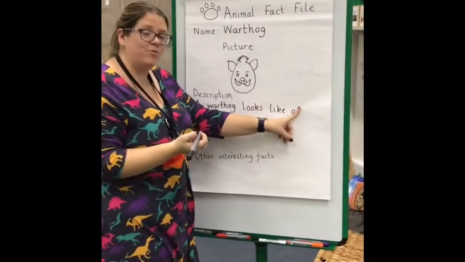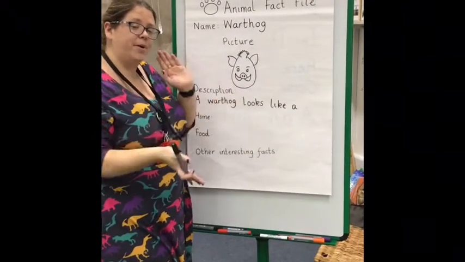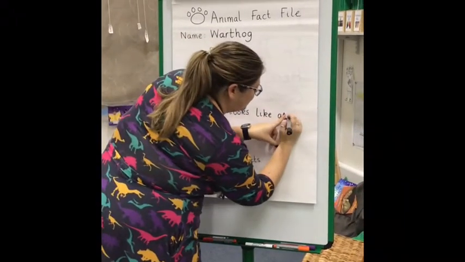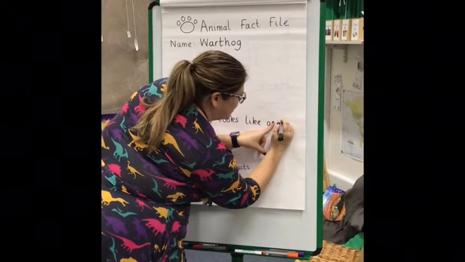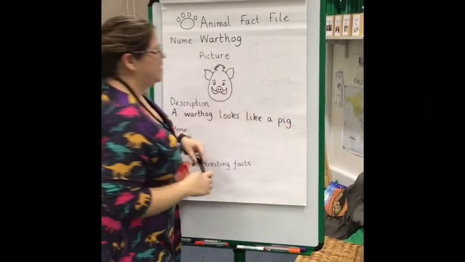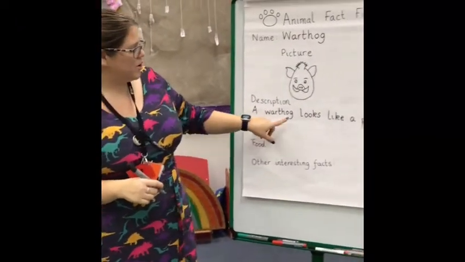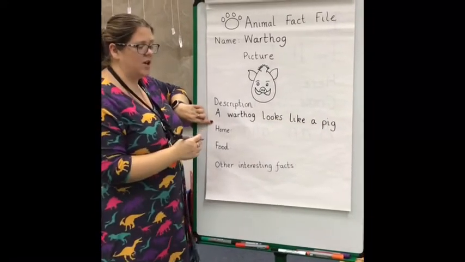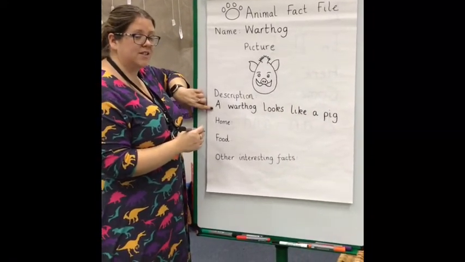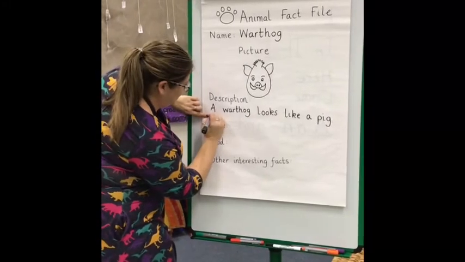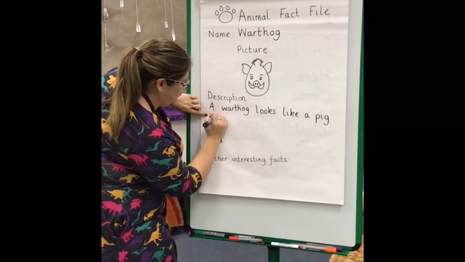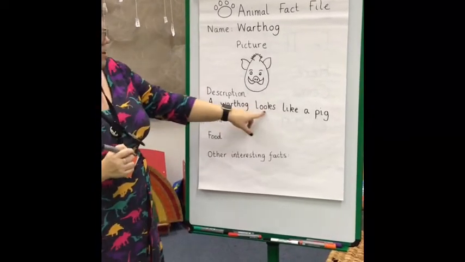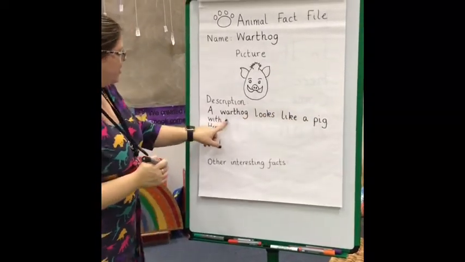You can help me with that one. What can you hear in pig? Pig. Well done. 3 sounds, so I'm going to write them. Pig. Okay, let's keep reading. A warthog looks like a pig, and then I had with big tusks and hair. So with, so a warthog looks like a pig with big.